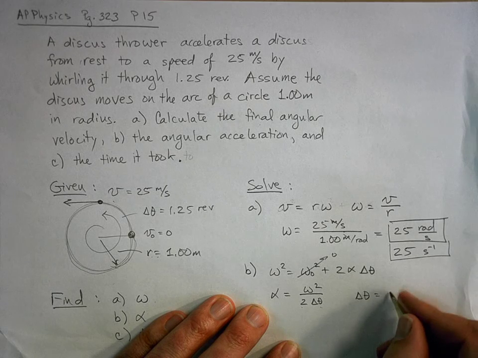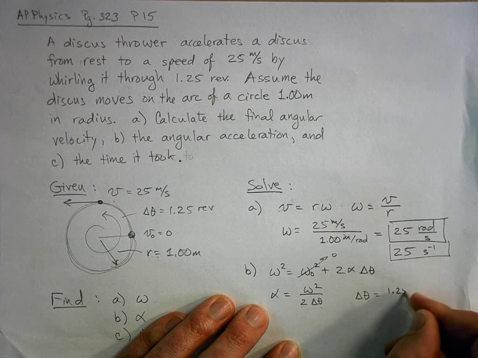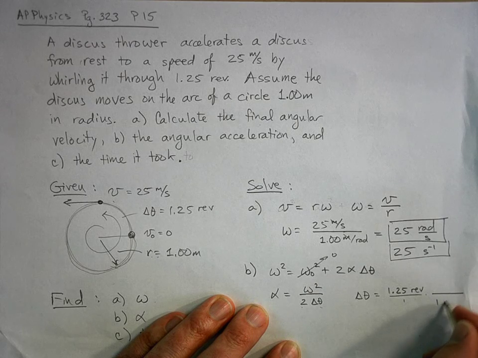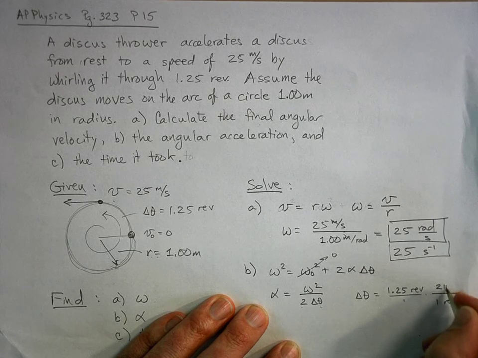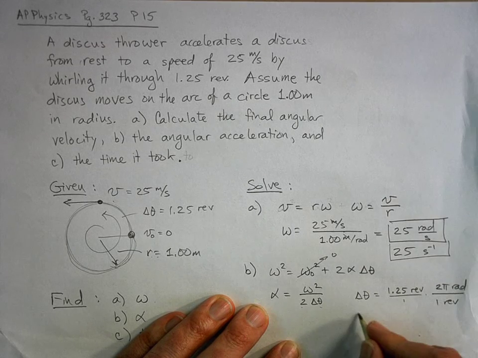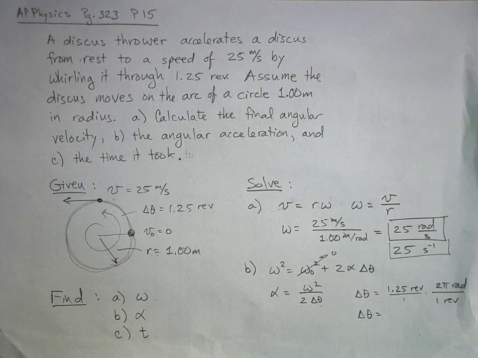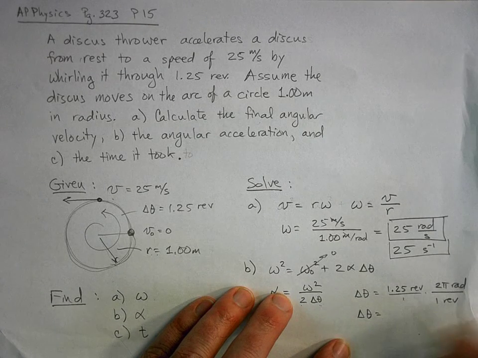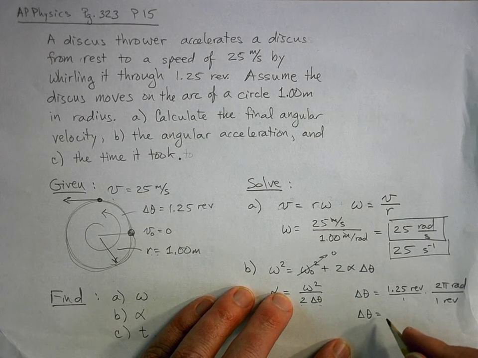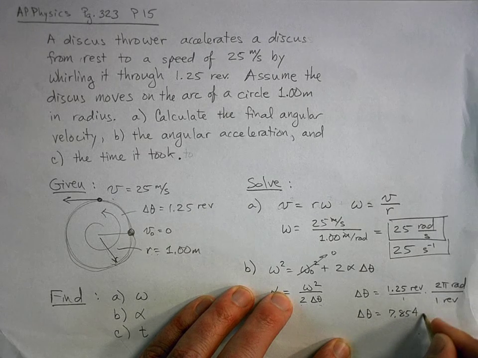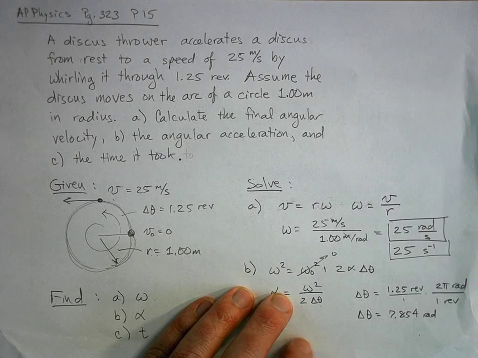Well, it's 1.25 revolutions, but I know 1 revolution is equal to 2 pi radians. So when you do this math, I believe you get delta theta equals 7.854 radians. At least that's what Larry got, and I trust him.